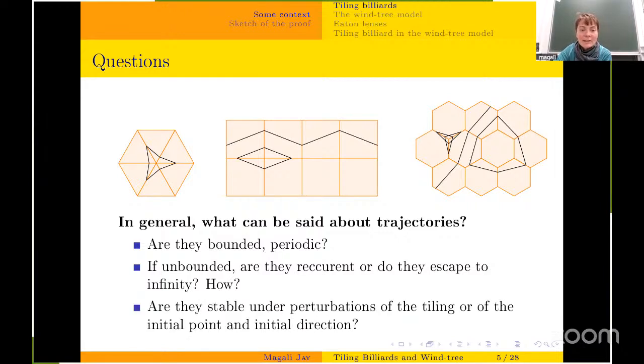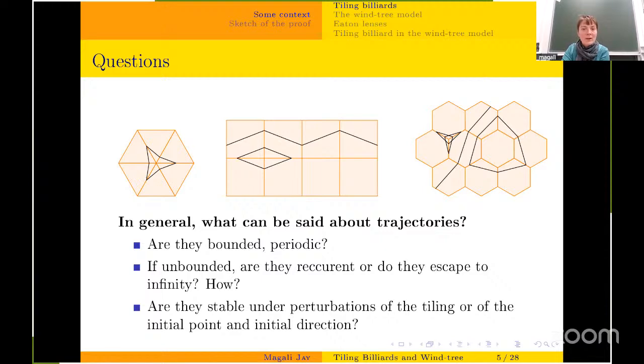And are they stable? If we change, for example, the square into a rectangle or into a quadrilateral, do we still have the same behaviors? Or if we keep the same tiling and we change the initial point or initial direction, do we still have the same thing or not?